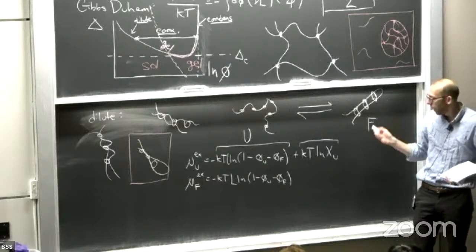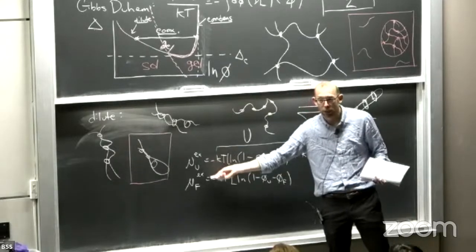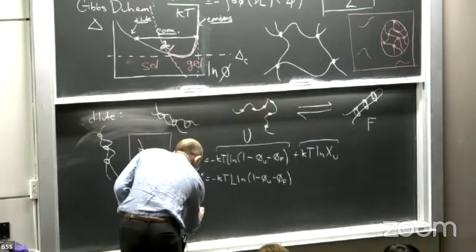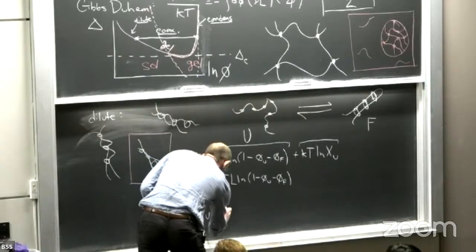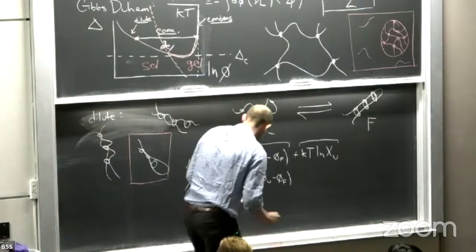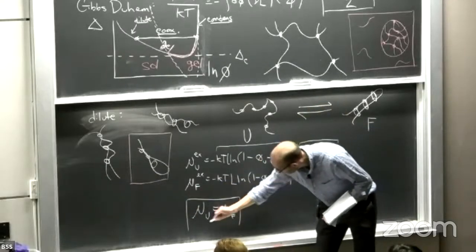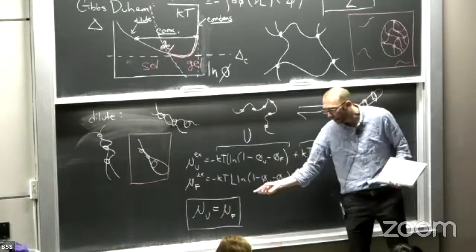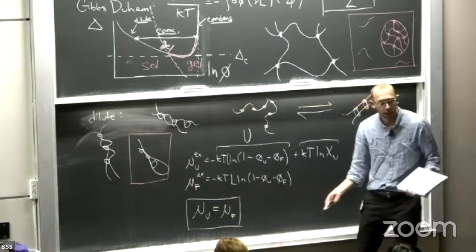So we need one more expression because we now have introduced a new species. So we need to have overall chemical equilibrium between the two. In fact, there's only actually one type of polymer, so we have to have chemical equilibrium between the unfolded and folded states.